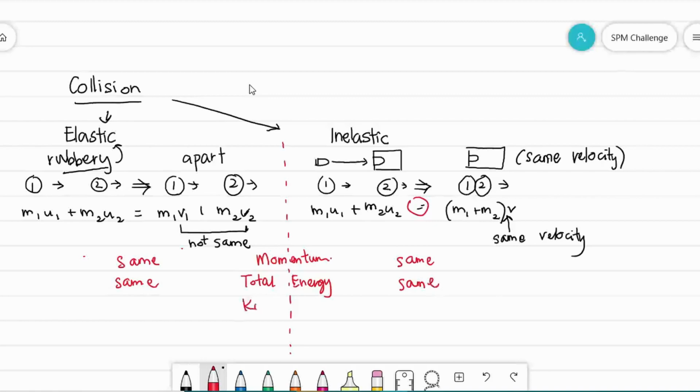However, the kinetic energy will be different. In an elastic collision, it will still be the same. However, in an inelastic collision, it will be different.